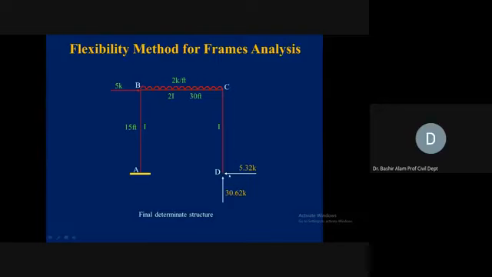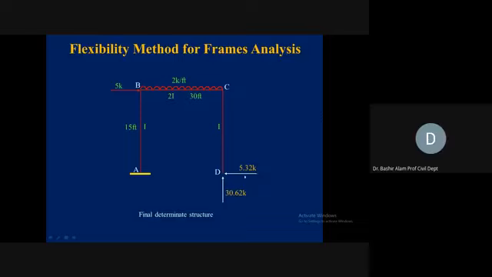If somebody asks me to analyze under this loading condition, you analyze this CD. So what will be the vertical reaction here? The vertical reaction here will be downward 30.62. What will be the horizontal reaction here at C? It will be 5.32 rightward directed.